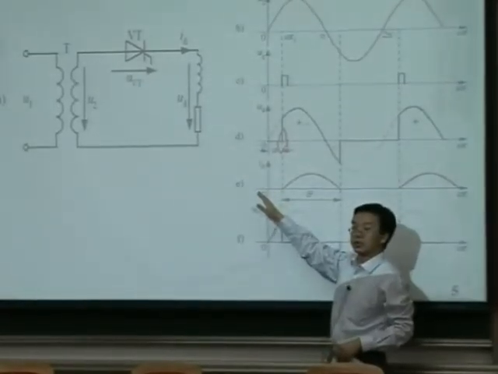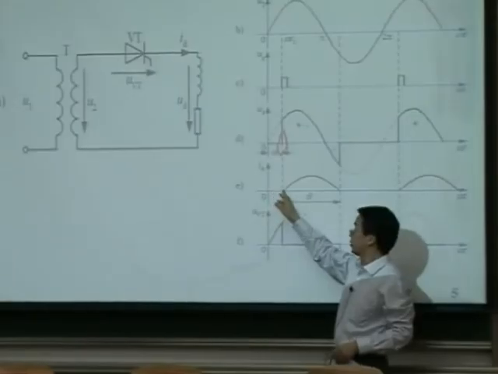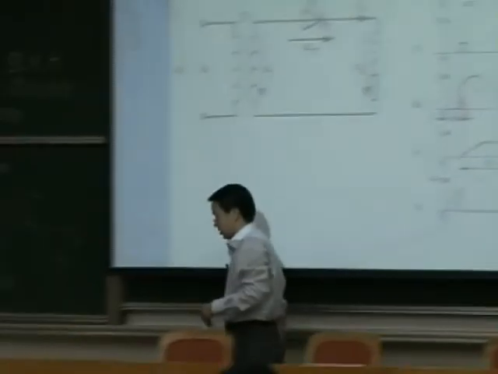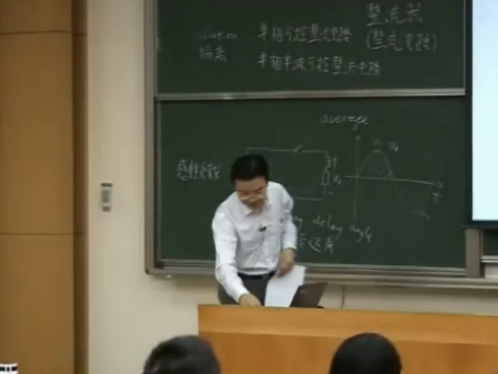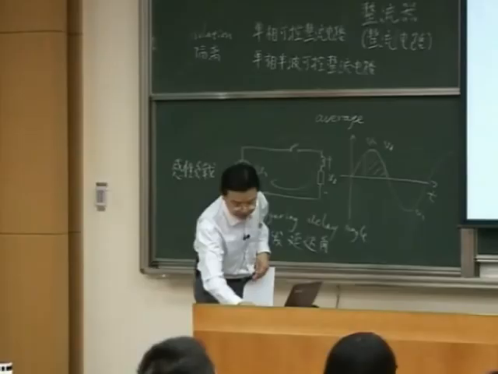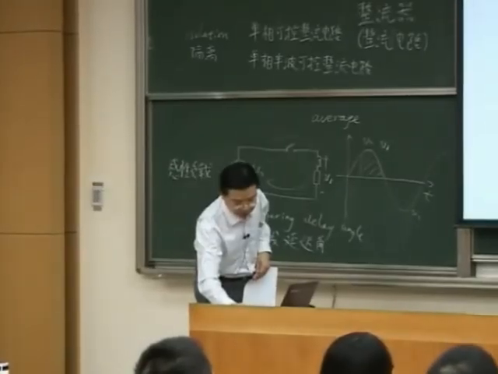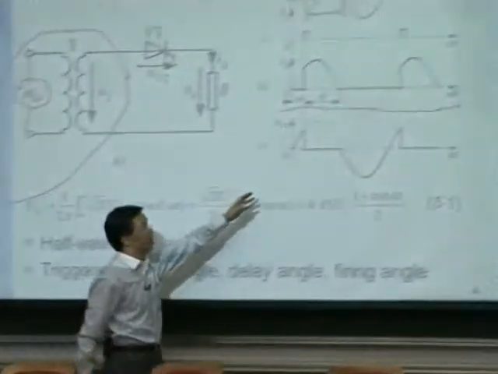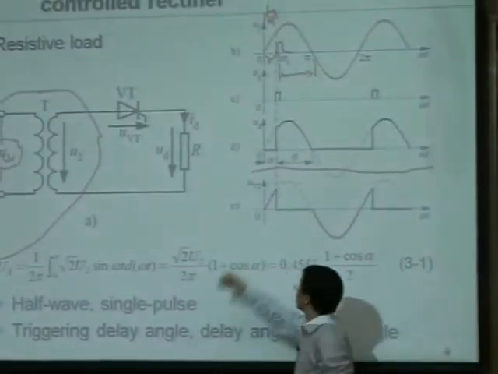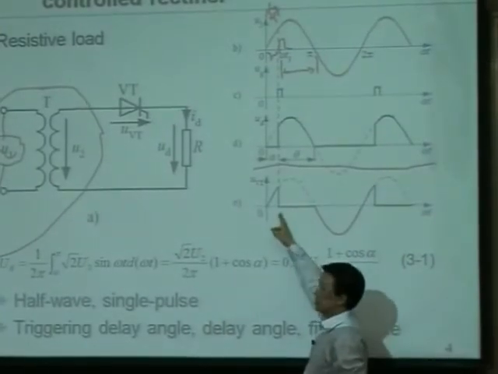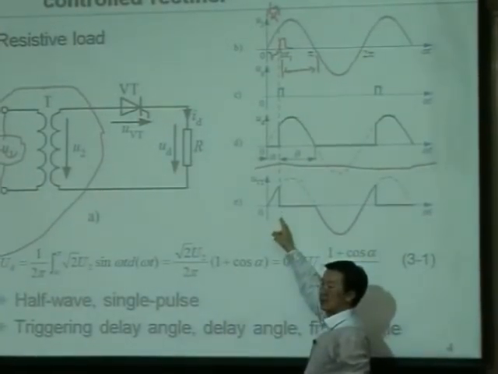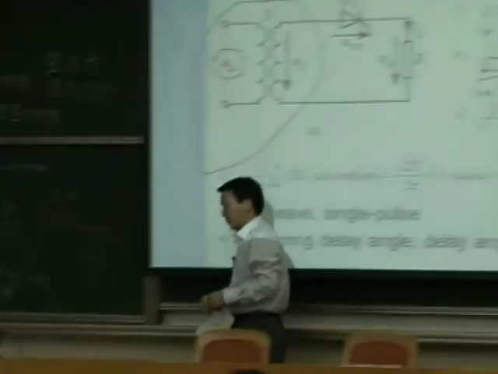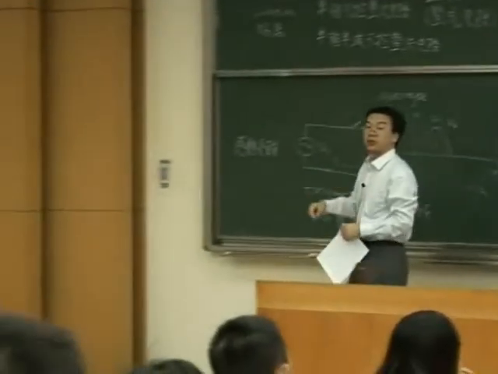So when you turn on the switch, the current will start from zero and increase. But if you look at the resistor load, because this is a resistor, the current will always be the same as the voltage. So at this instant, the current suddenly increases from zero to a certain level. There's a step change in the current for the resistor load.